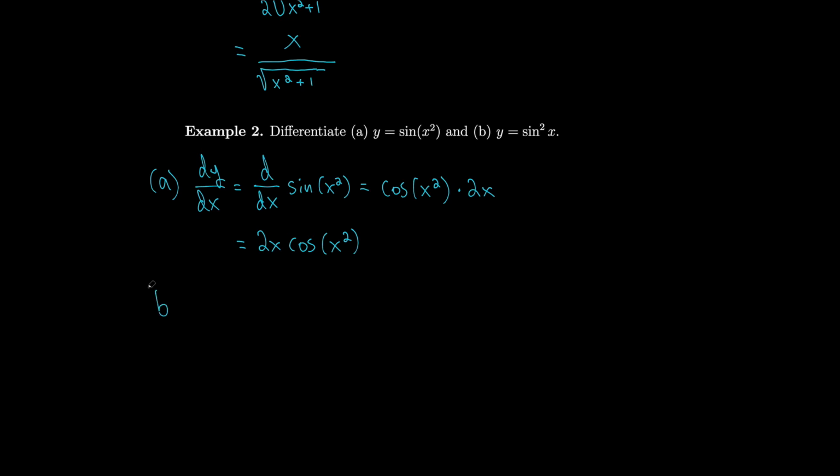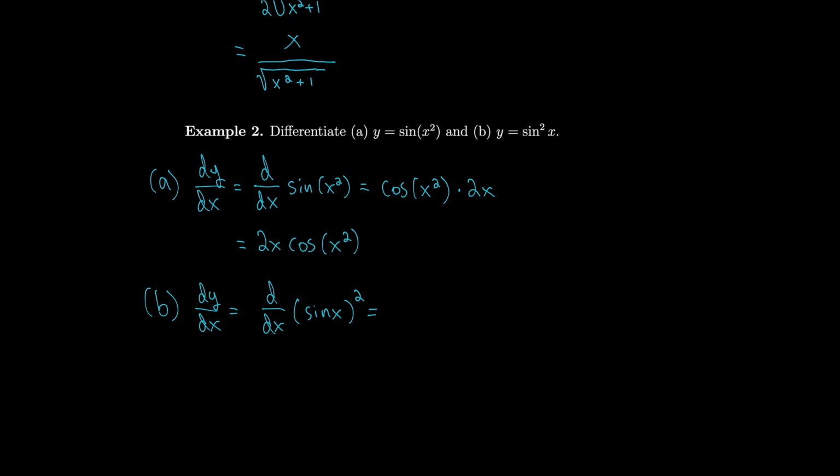For b, we're looking for dy/dx. So that is the derivative of sine squared x. But sine squared x is a shorthand notation for sine of x, squared. So we're going to pretend that this is just an x squared function. The derivative of x squared is 2x.